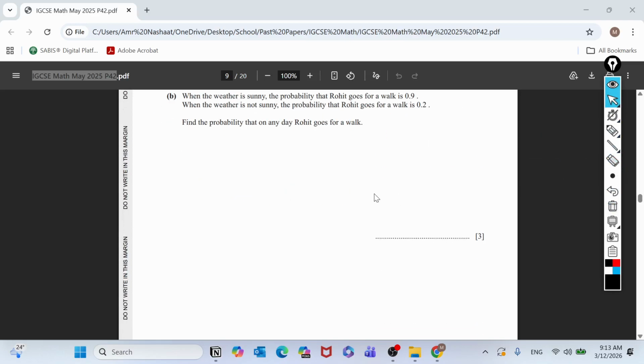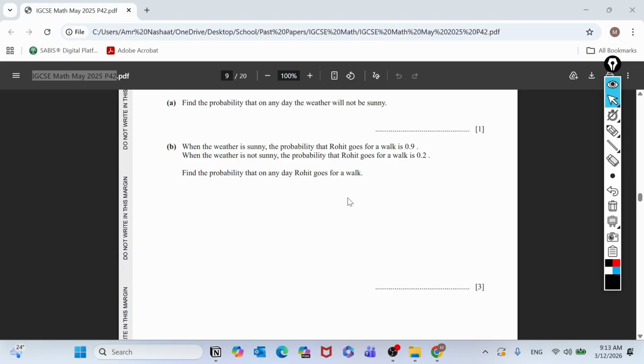Okay. When the weather is sunny, the probability Rohit goes for a walk is 0.9. When the weather is not sunny, the probability Rohit goes for a walk is 0.2. Find the probability that Rohit goes for a walk. Okay, let's see. So we said if it's not sunny, 0.3. So it's either sunny and he goes for a walk, so 0.7 times 0.9.